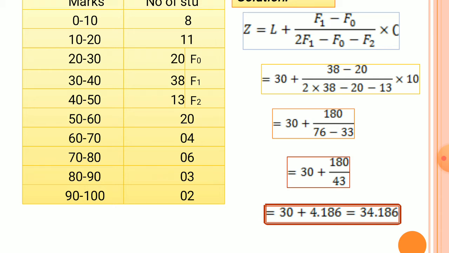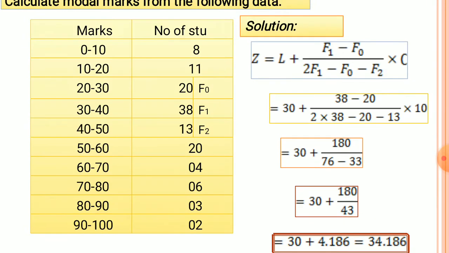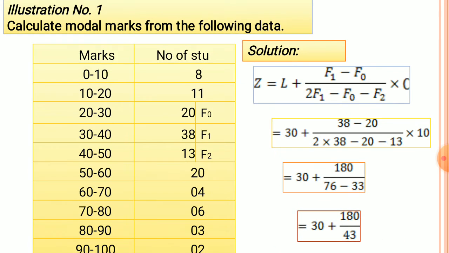Therefore 30 plus 180 by 43 is equal to 4.186. So 30 plus 4.186 is equal to 34.186. So this is the model value according to the empirical method or formula.